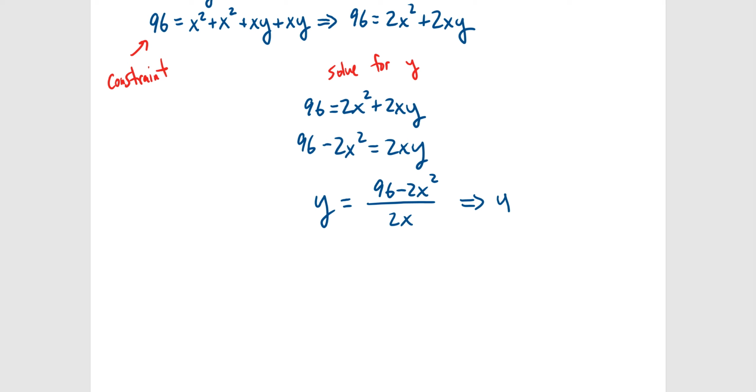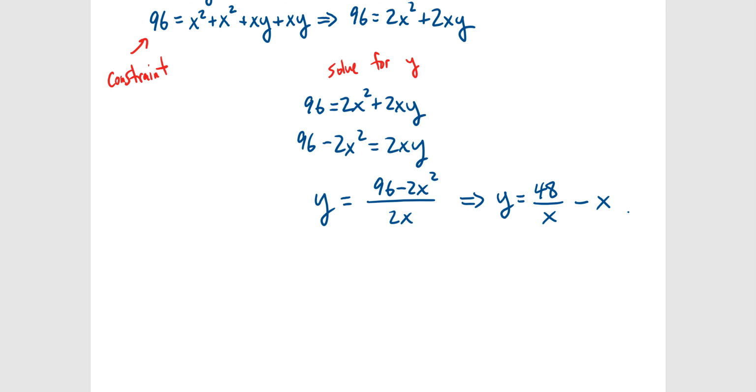That's going to be divide both of those by 2x. That's going to give us 96 over 2x is 48 over x, minus 2x squared over 2x is going to just be x. So that's because the 2's cancel and x squared divided by x is just x.